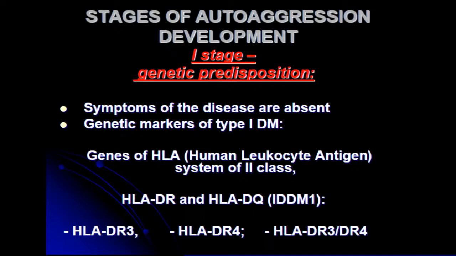Genetic markers of type 1 diabetes mellitus, genes of human leukocytes antigen system of second class, DR3, DR4, sometimes maybe mixed genes. This name IDDM1.